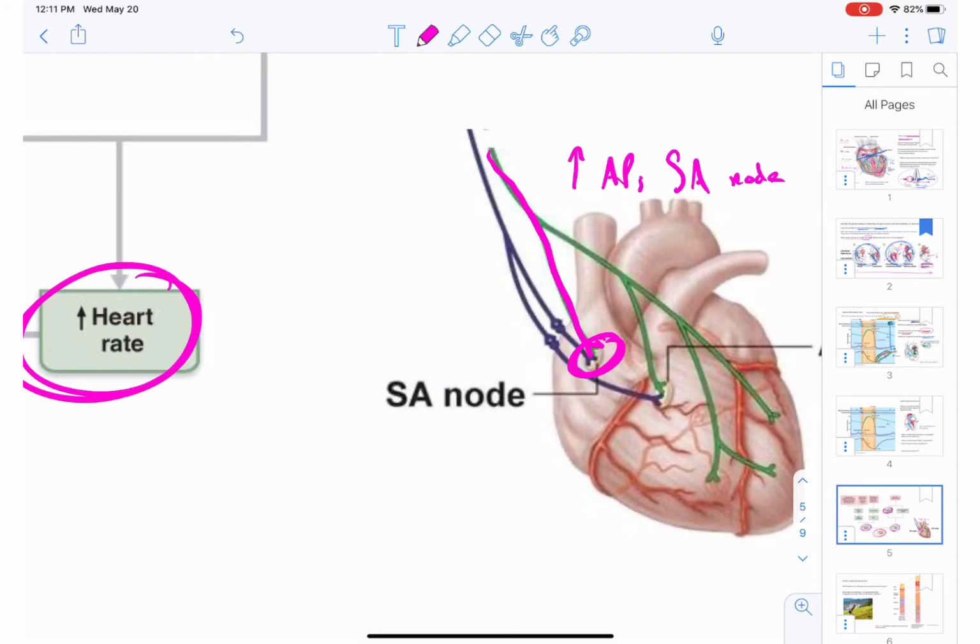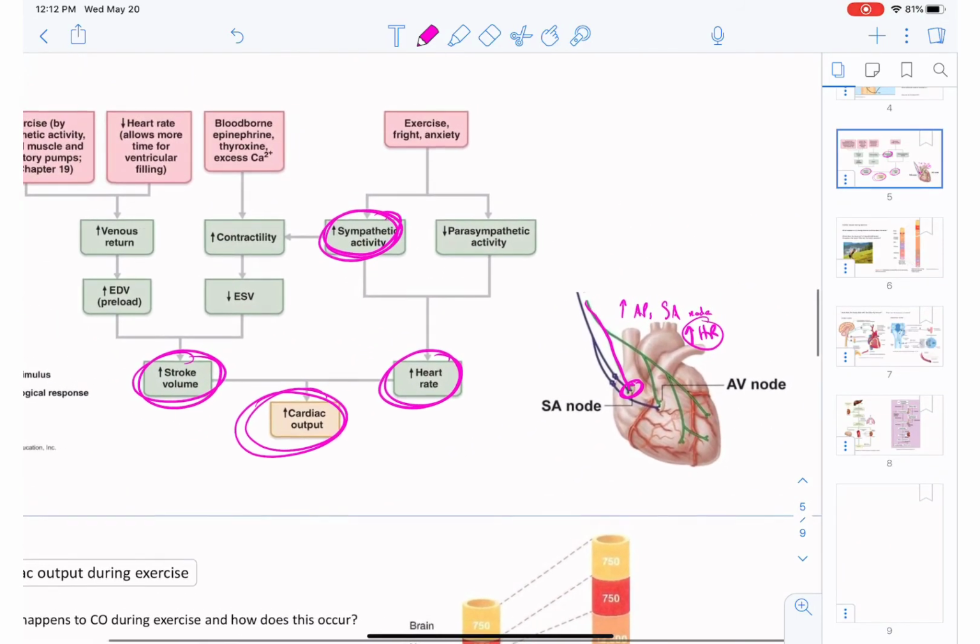And so when you increase the stimulation of the SA node, that's going to increase heart rate. So sympathetic activity increases heart rate, and that increases cardiac output. And certainly, if you notice during a period of exercise, your heart rate goes up. The purpose of that is to increase cardiac output so we can deliver more things to the skeletal muscles.